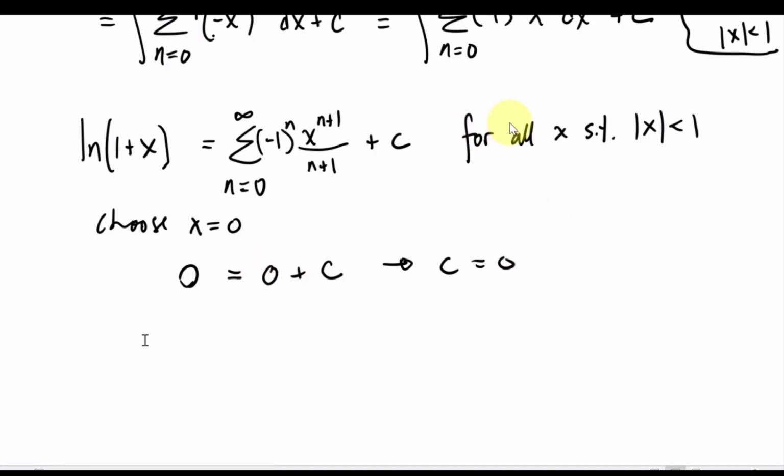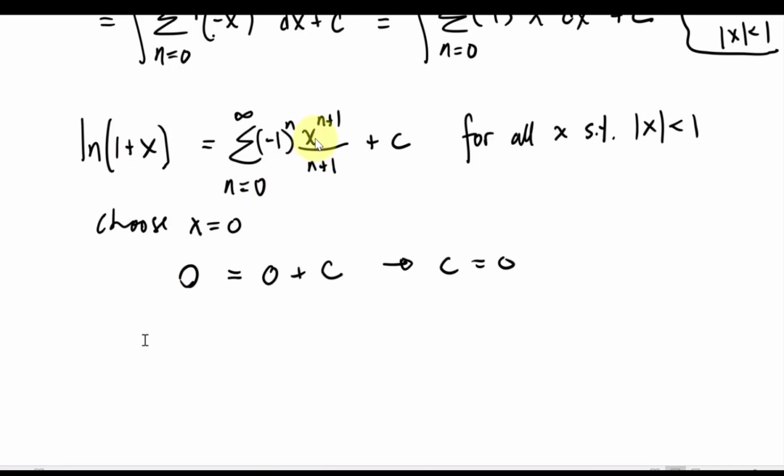And what's happening here is that I know that this has got to be true for all x that satisfy x less than 1 in absolute value. That is everything from minus 1 to 1. So it would have to be true at 0. So 0 is convenient because both of these quantities go to 0, right? The ln of 1 plus 0, that's the ln of 1, and that's 0.